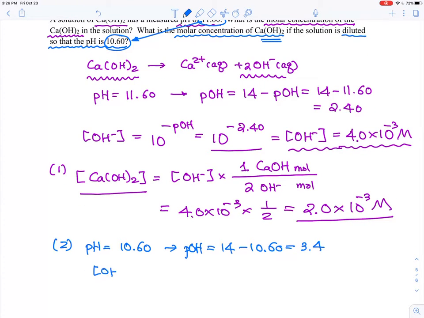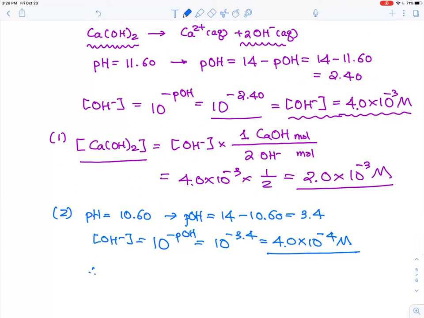And the OH minus concentration from pOH is 10 to the minus pOH, so 10 to the minus 3.4. If you plug that into your calculator, you'll get 4.0 times 10 to the minus 4 molar.